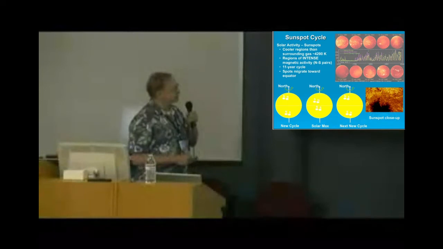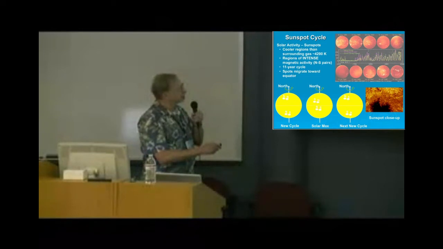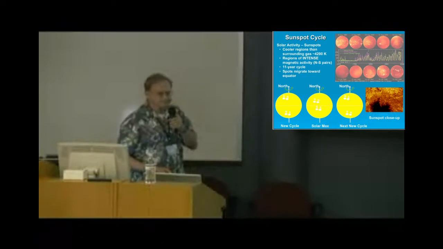If you plot these sunspot pairs with time, it creates what they call the butterfly diagram, with spots that gradually get closer to the equator, spots that gradually get closer to the equator together. It's sort of like a butterfly.